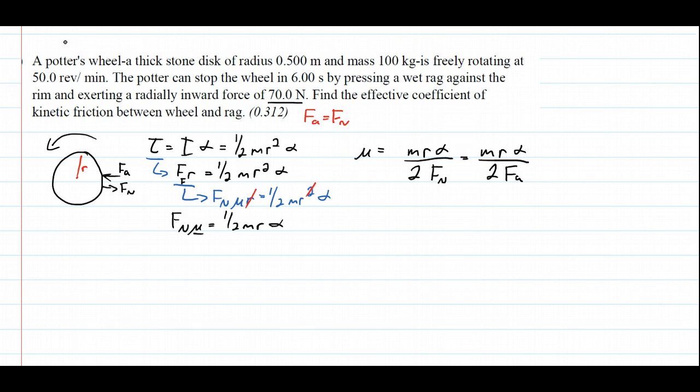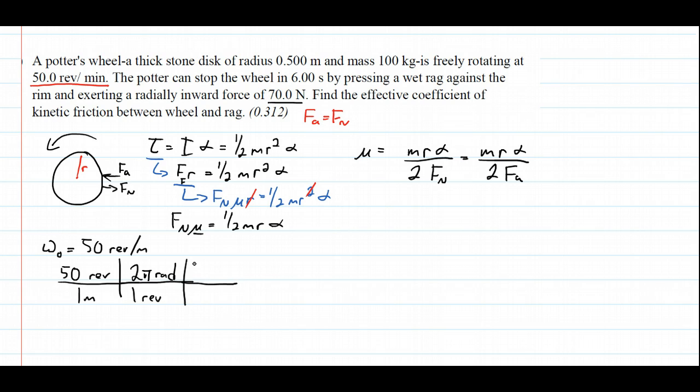Before we plug in values, the other thing we have to address is the velocity that's given. We're given an initial velocity, which I'll say is omega naught, of 50 revolutions per minute, and we can't do anything in revolutions per minute. So we have to convert to radians per second. I can do that without too much trouble, and I'll put the minutes on the bottom. In 1 revolution, we have 2 pi radians.